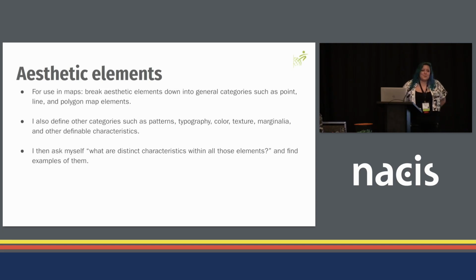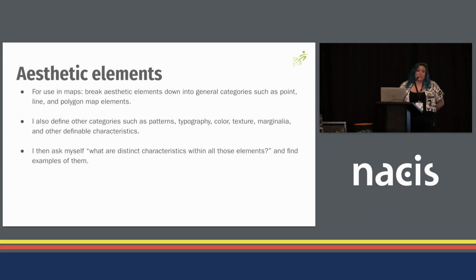For use in maps, the way to contextualize it is to initially get it into general categories like points, lines, and polygons. That's what we're really used to thinking about for maps, of course. Then it's also important for aesthetics in particular to think about other things you're seeing in the visual, like patterns, typography, color, of course, and also texture, and whatever marginalia might exist.